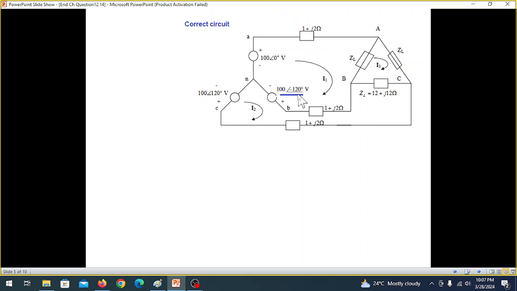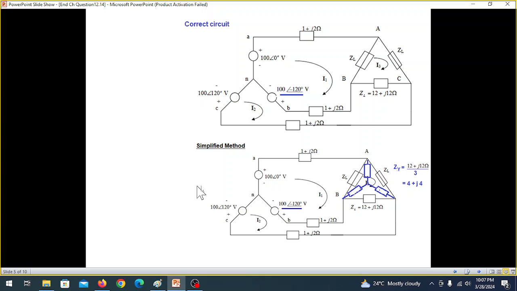So we have corrected this minus 120, and we have also aligned this. And then the easiest way will follow first of all. Okay, so the easiest way is that we convert the delta into Y. And to convert delta into Y, we just divide the delta impedance by 3. So ZY will be 4 plus j4.